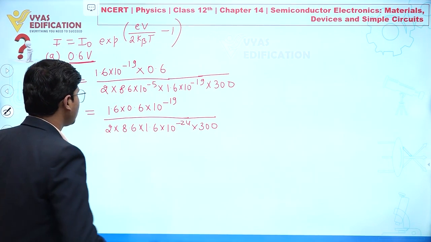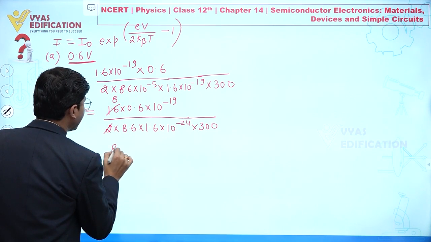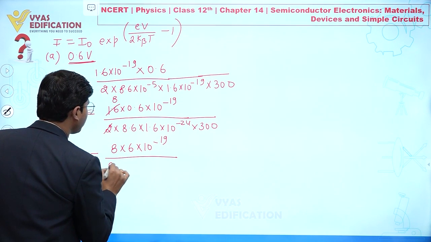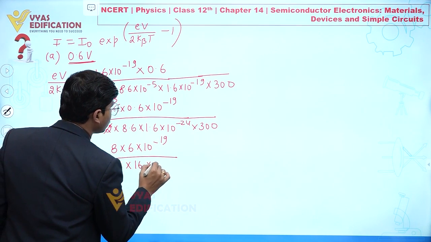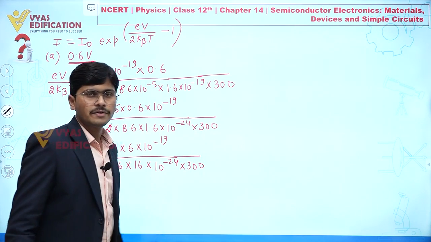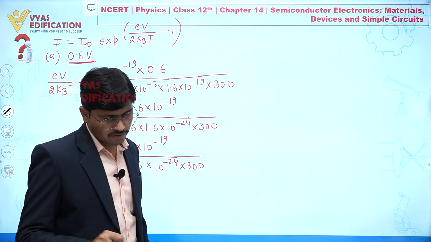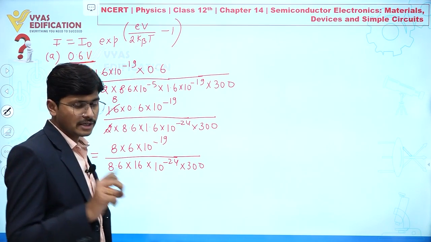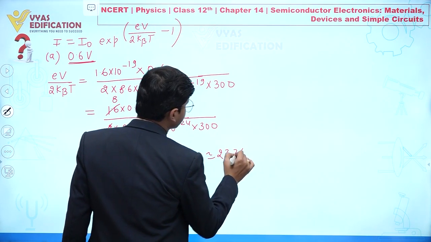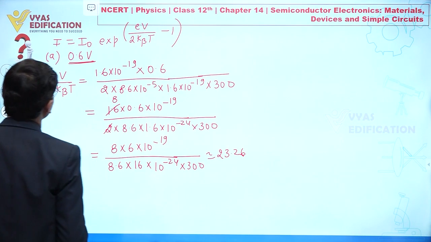Now if you solve it, you will find this expression is equal to near about, I am directly telling you the answer, 23.26. So can we find the value of current at this voltage 0.6 volt?